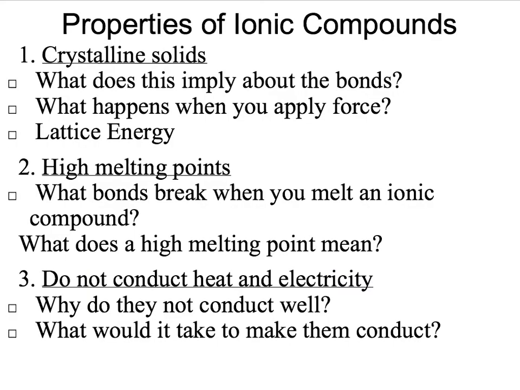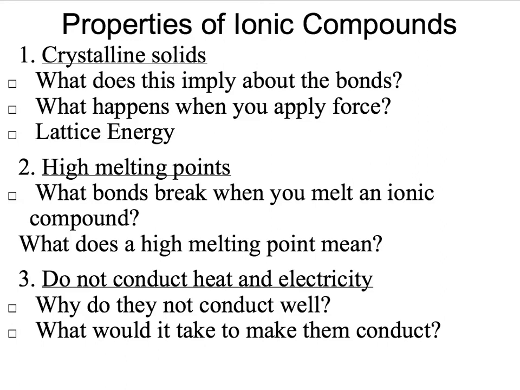Alright, so when we look at the properties of ionic compounds, my first property is that they are crystalline solids. They have relatively high melting points, and they don't tend to conduct heat and electricity, and we'll really focus on the electricity side of things. So if they are crystalline solids, what does that imply about the nature of the bonds? It implies that those bonds are very organized and orderly.